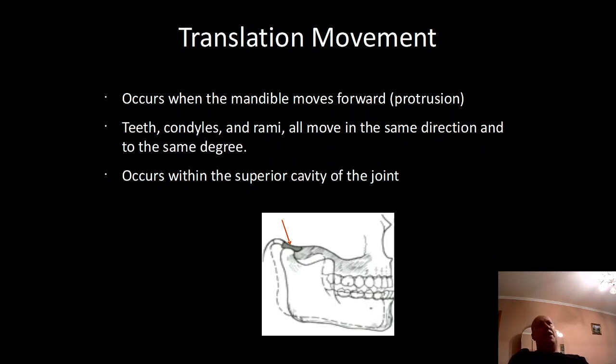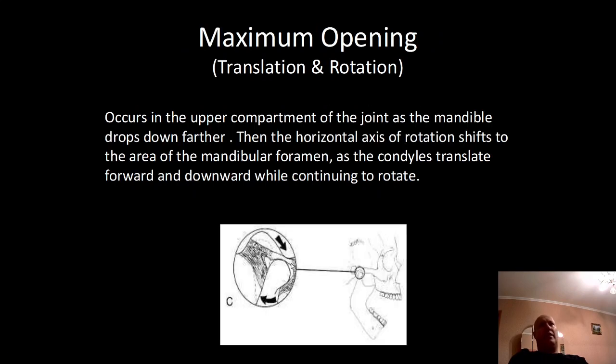Translation movement occurs when the mandible moves forward in protrusion. Teeth and condyles all move in the same direction and to the same degree. It occurs within the superior cavity of the joint.